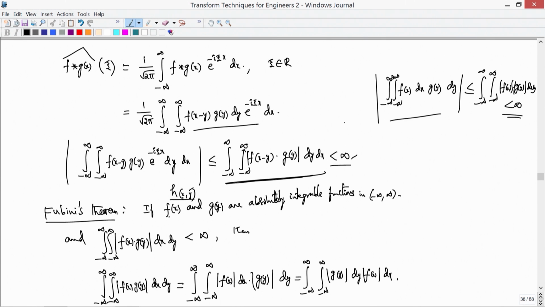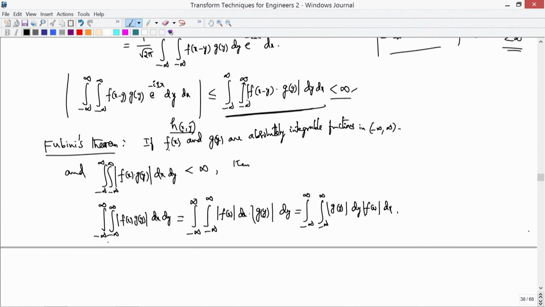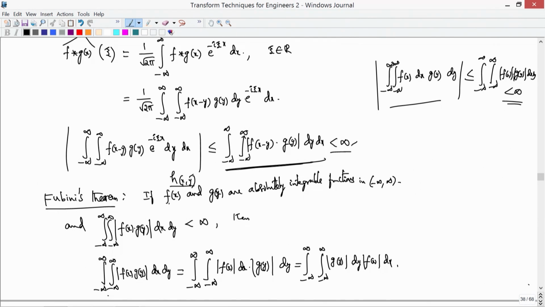So this is also finite, and you have this integral which is finite. So you can change the order of integration by this Fubini theorem. We do not know whether we can do that or not, so we will see. We want to separate these x and y variables.